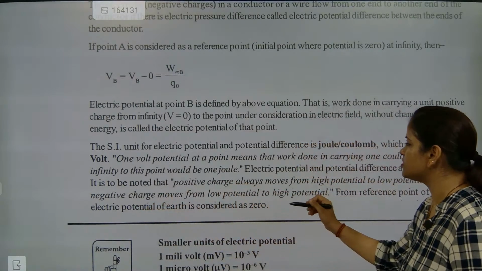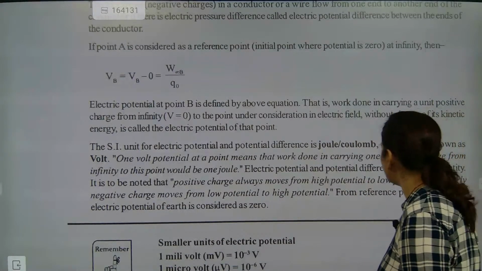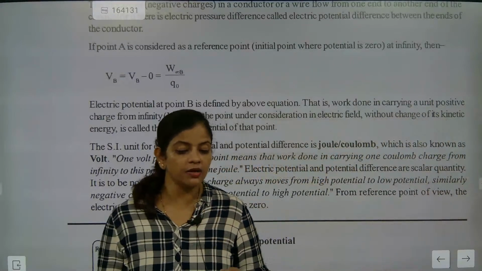It is to be noted that positive charge always moves from higher potential to lower potential. This is another important point.